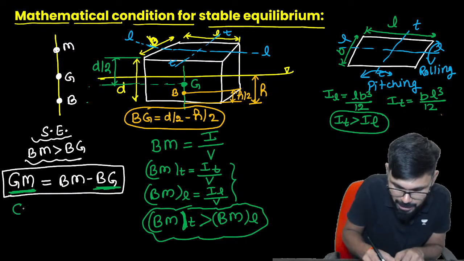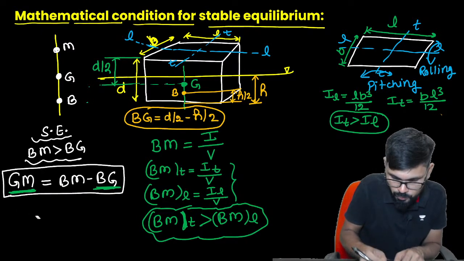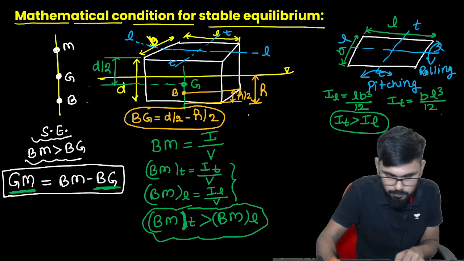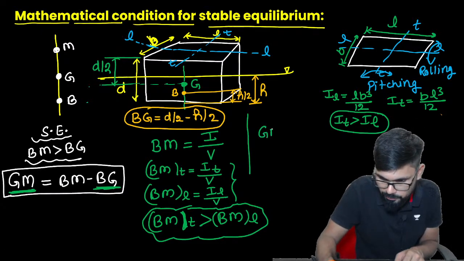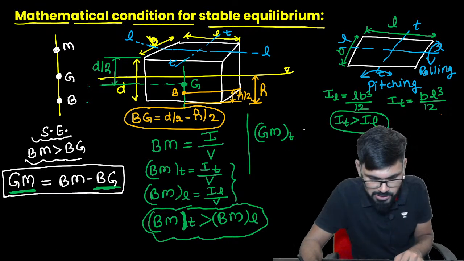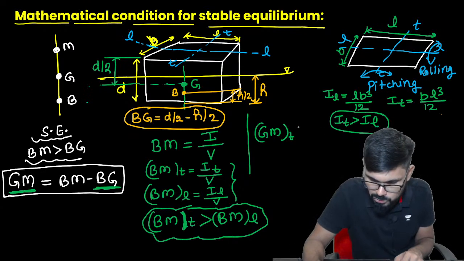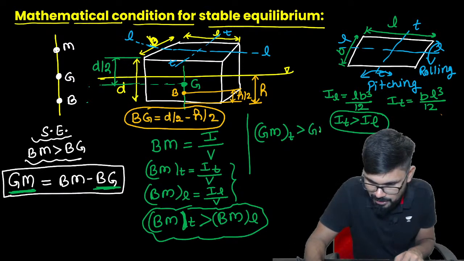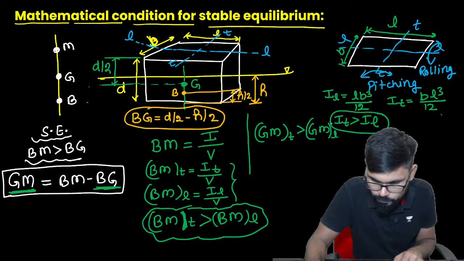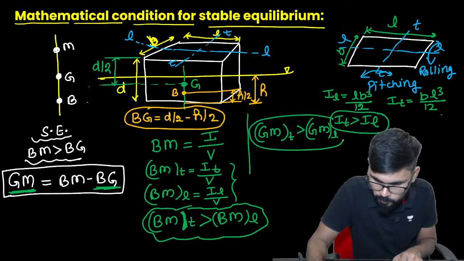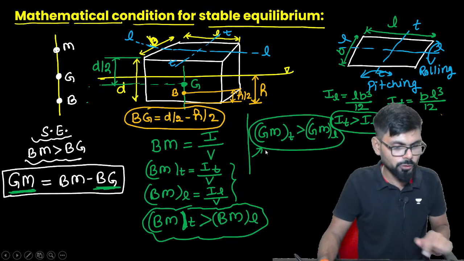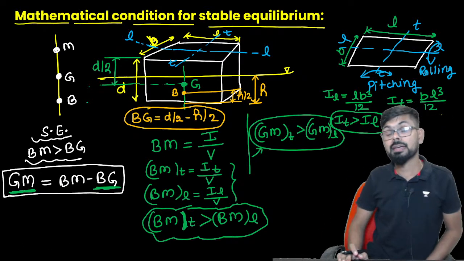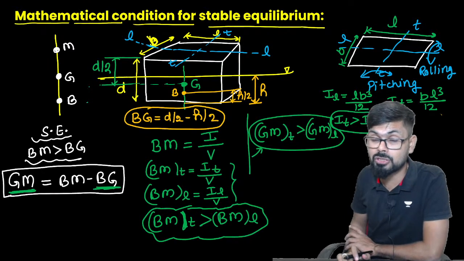GM value in the transverse direction is going to be greater than the GM value in the longitudinal direction. Please listen here carefully. Everyone understand this point clearly, because it is very important.